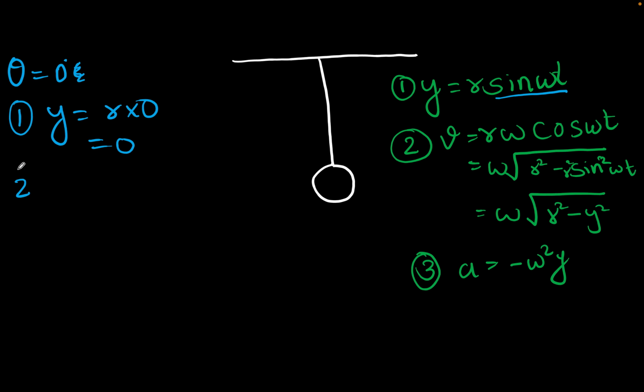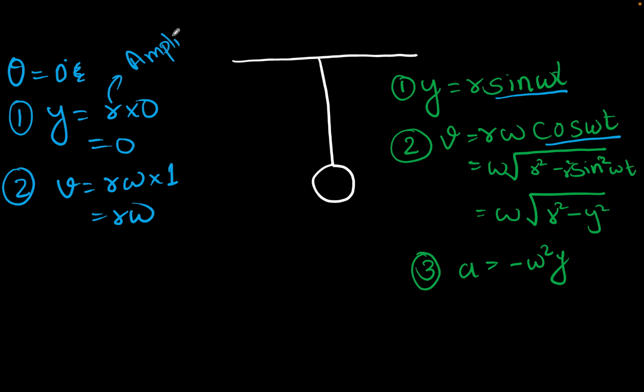Likewise, for velocity, cos omega t is going to be cos 0, and cos 0 is 1, so velocity is r omega times 1, that is r omega. So it will have maximum velocity because the maximum value of cos is 1 and the other two are constants, and here r is the amplitude.